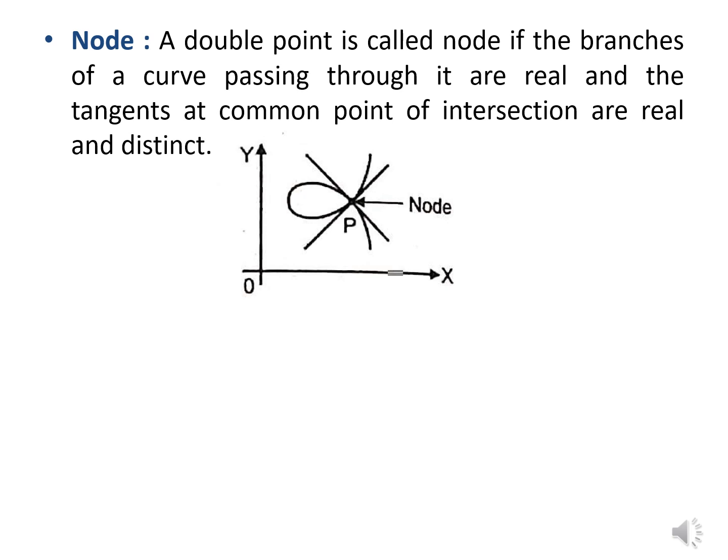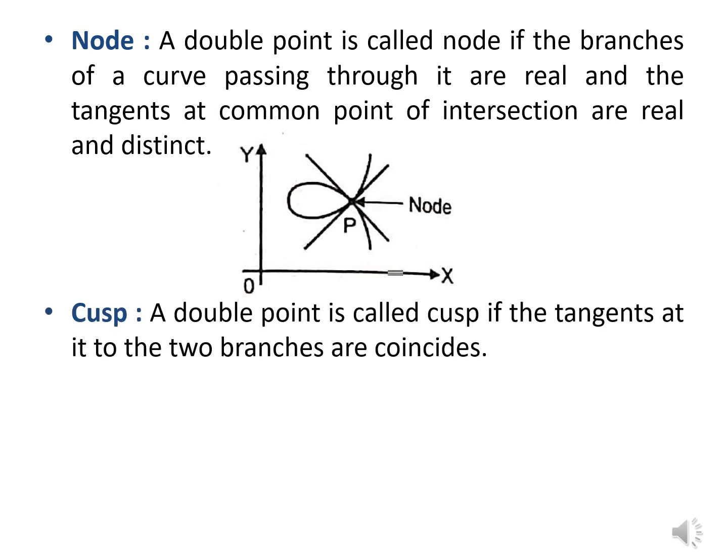That means one branch of the curve is touching one tangent and the other branch of the curve is touching another tangent. At the node point, two distinct branches of the curve are touching two distinct tangents. Then it is called a node. Here you can see that at point P, your two branches are widely open.